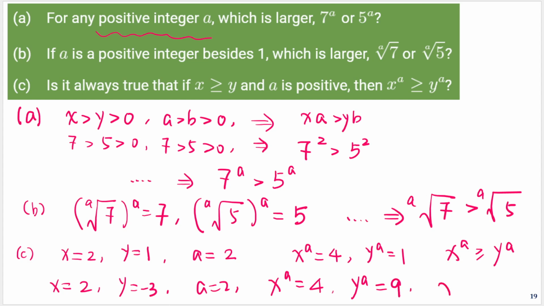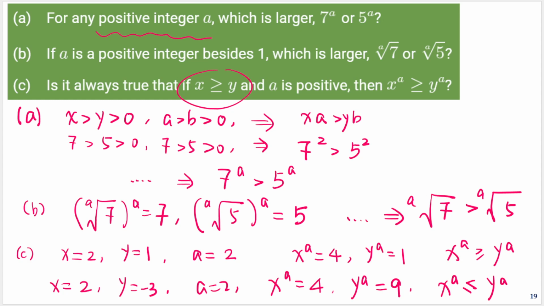In that case, we know x to the power of a is less than or equal to y to the power of a. So it's not always true that if x is greater than or equal to y and a is a positive number, then x to the power of a is greater than or equal to y to the power of a. You need to consider special cases where there are negative numbers, right?